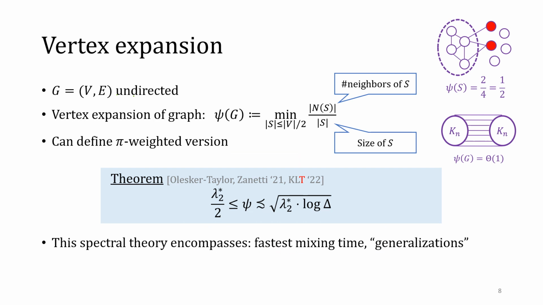Okay, let's take a slight detour and talk about vertex expansion. Given an undirected graph G, vertex expansion is the minimum ratio between the number of neighbors of a subset S and the size of S. We can also define a pi-weighted version if we're given any distribution of weights on the vertices.